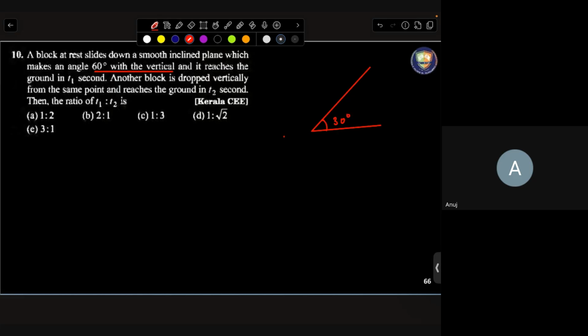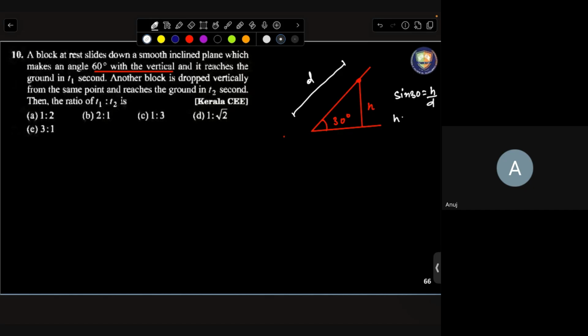Okay. So the axis, let's say at certain height, a block slides down and this height be h, correct? If this is h, then what should be this length? If you look at sine theta, that is sine 30, it should be h by, let's say this distance is d.